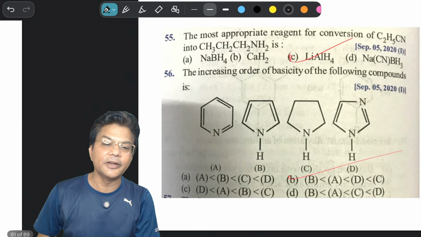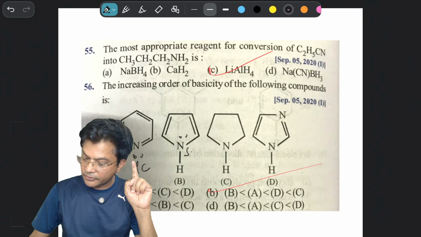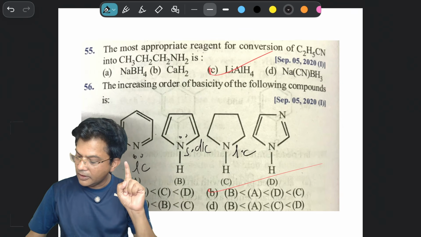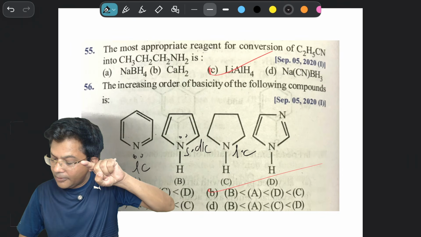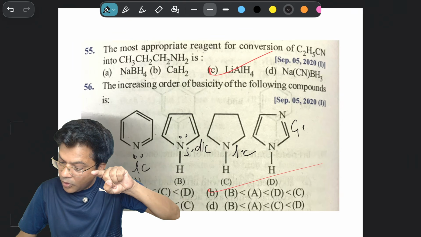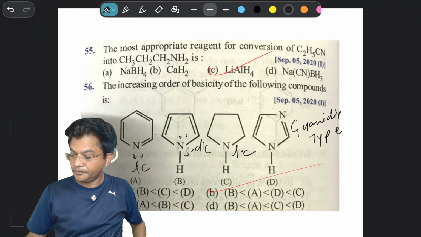Now you have seen this answer, so let's solve it. What you are supposed to do? Localized, super delocalized. This is localized and this is C double bond NH, guanidine type. Now what has the question asked?